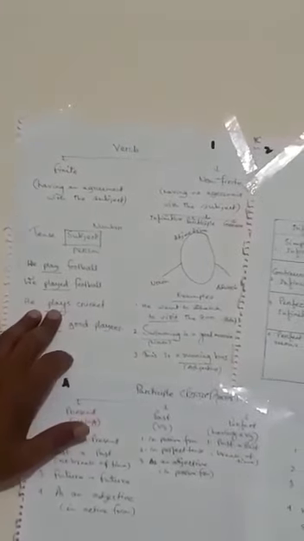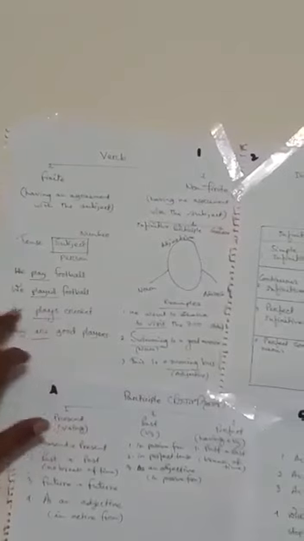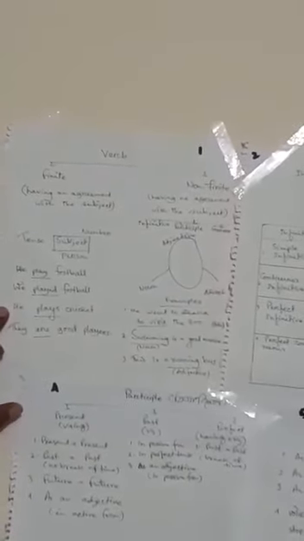And in the third sentence, we see he plays cricket. And here, play is added by S only because of the person. As you see, the person here is third person singular. So S is added to the verb play. And in the fourth sentence, they are good players.